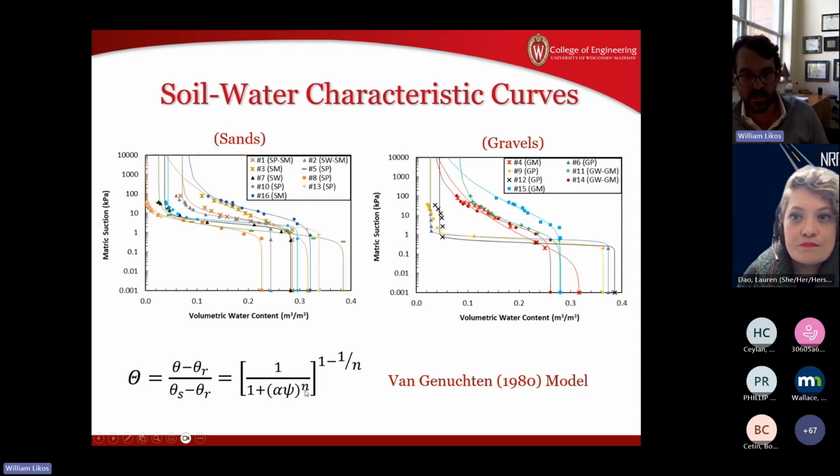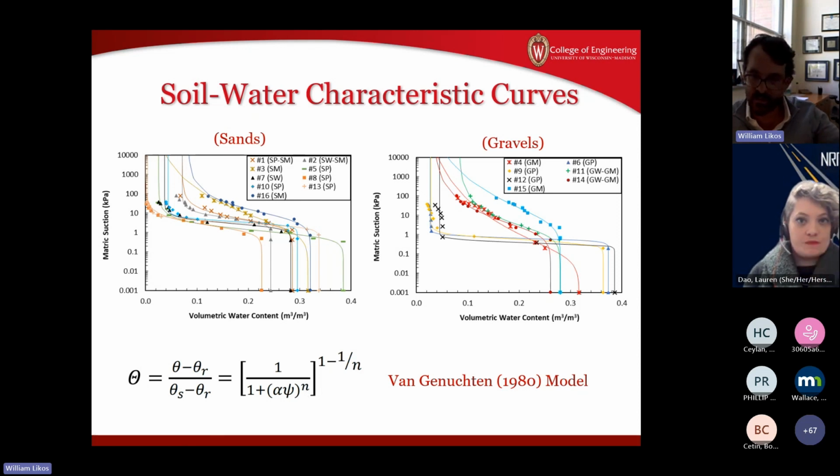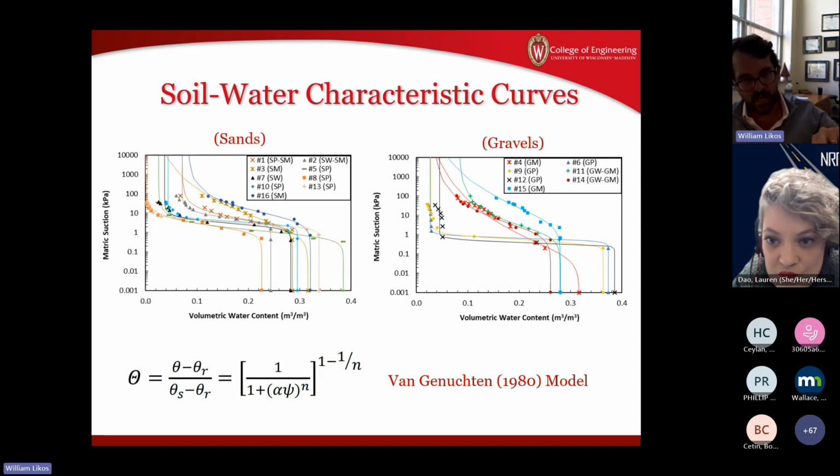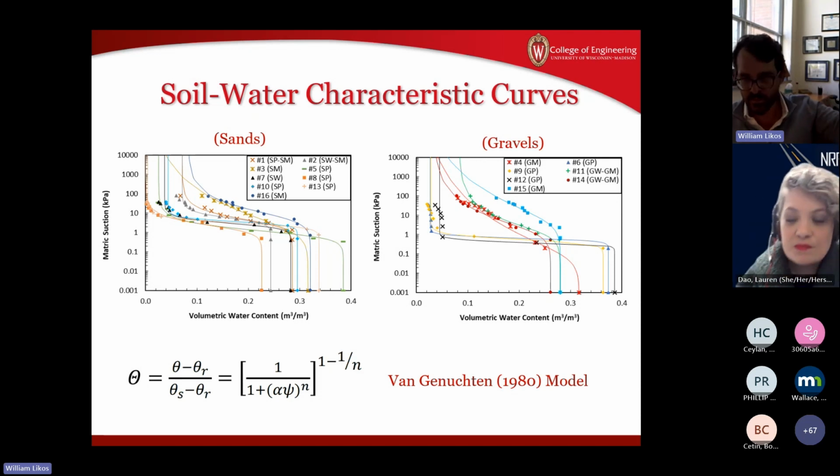I mentioned N, for example, is related to the shape of that characteristic curve. A certain value of N will produce a relatively flat curve. A certain value of N will produce a relatively steep curve. And so N is loosely tied to pore size distribution. Alpha is loosely tied to air entry pressure. So there is some physical relation to the parameters, but no theoretical basis. It's a curve fitting model.